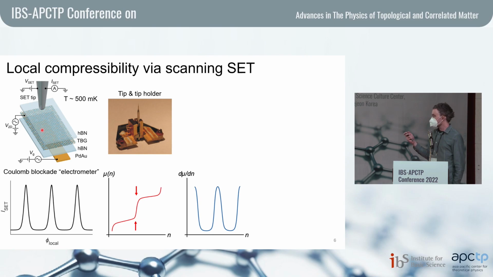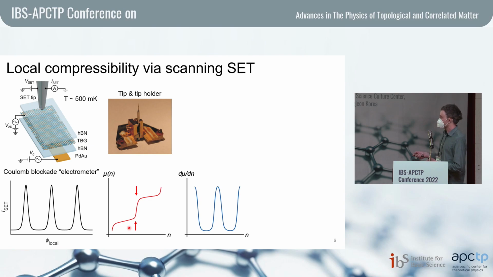Okay? In particular, in what follows, we'll be looking at gap states, incompressible states as we call them, or states where we see a sudden step in chemical potential. The value of this step in chemical potential, we would interpret as the value of the gap for that state.